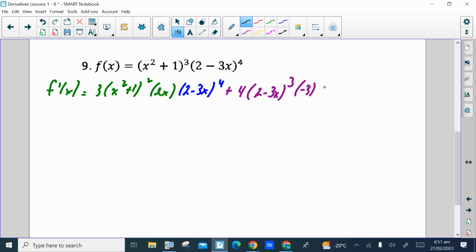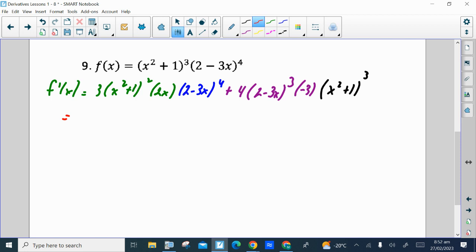But then we also have to multiply that by the first factor. So there's the initial step for this derivative. Derivative of the first factor, which is a power, so we have to use the chain rule for that, times the second factor, plus derivative of the second factor, which again we have to use a chain rule for, times the first factor.